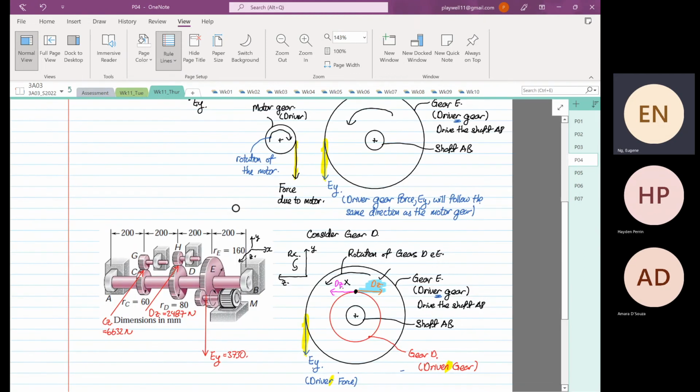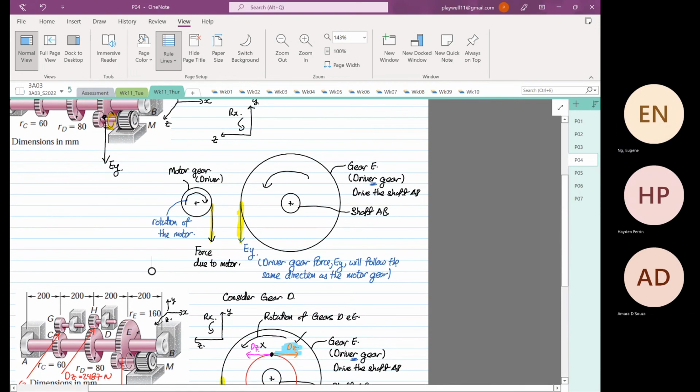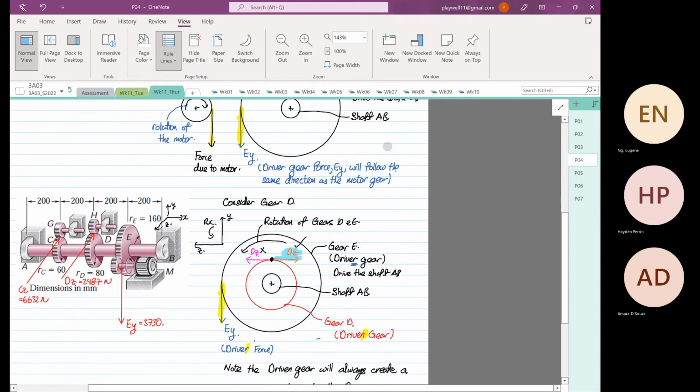The key point to take back today is that the forces of the driver of the motor and the driver gear are in the same direction. I highlight in yellow. The driver and the driven gear always oppose in terms of resistance, right?